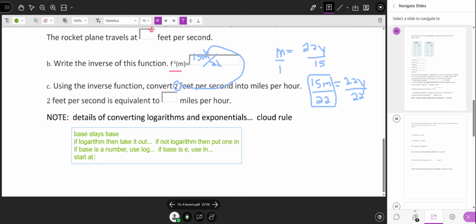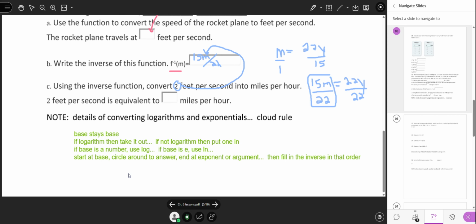Start at base, circle around to answer, end at exponent or argument. Then fill in the inverse in that order.